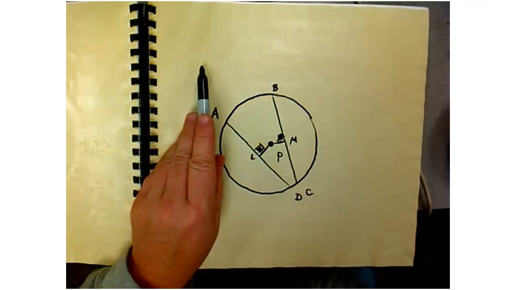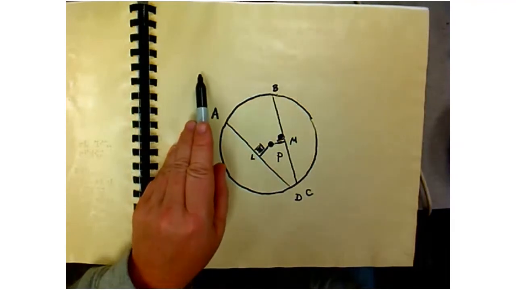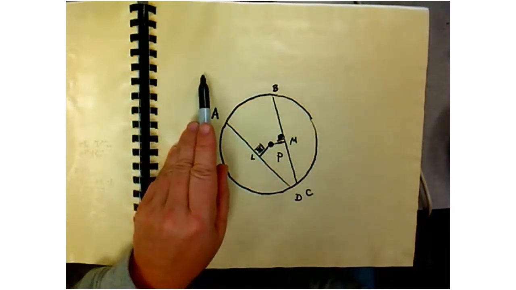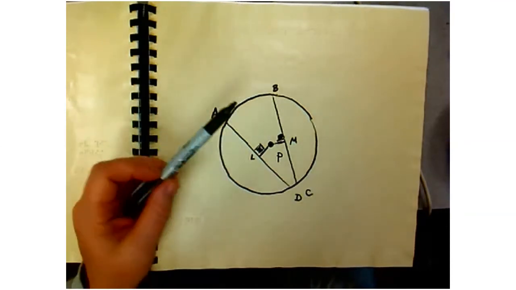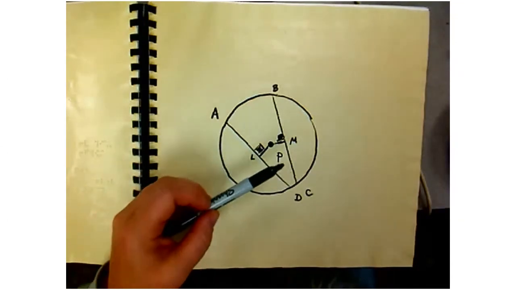If you go up above the circle, let's read it in words. It says, in a circle or in congruent circles, two chords are congruent if and only if they are equidistant from the center.